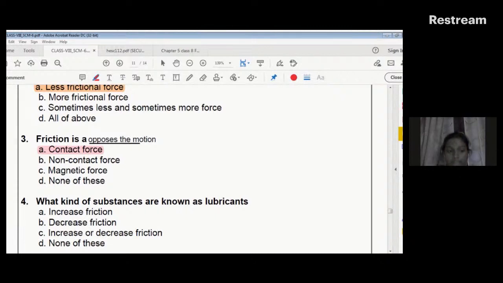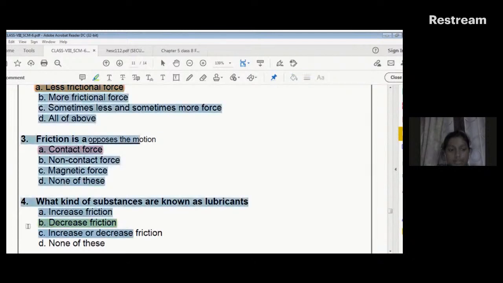The first one is increase friction. Next is decrease friction. The next one is increase or decrease friction, and number D is none of these. So the answer for this will be B, decrease friction. This is what it does.